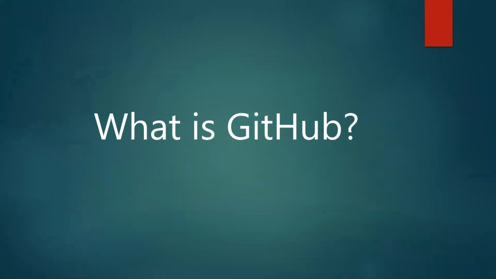Now, let's see what is GitHub. GitHub is a development platform that enables you to host and review code, manage projects, and build software. Alongside, there are 50 million developers. And why is everyone using GitHub?